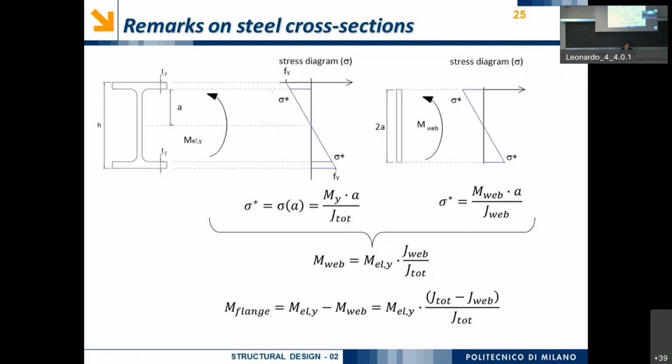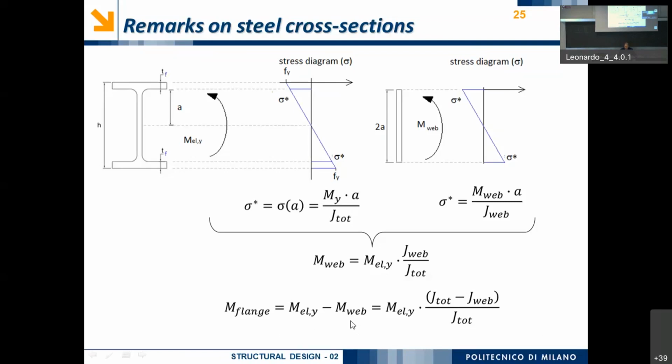Of course, if I want to evaluate the value of the bending moment in the flanges, I will obtain this value as the difference between the overall yielding bending moment and the bending moment in the web.